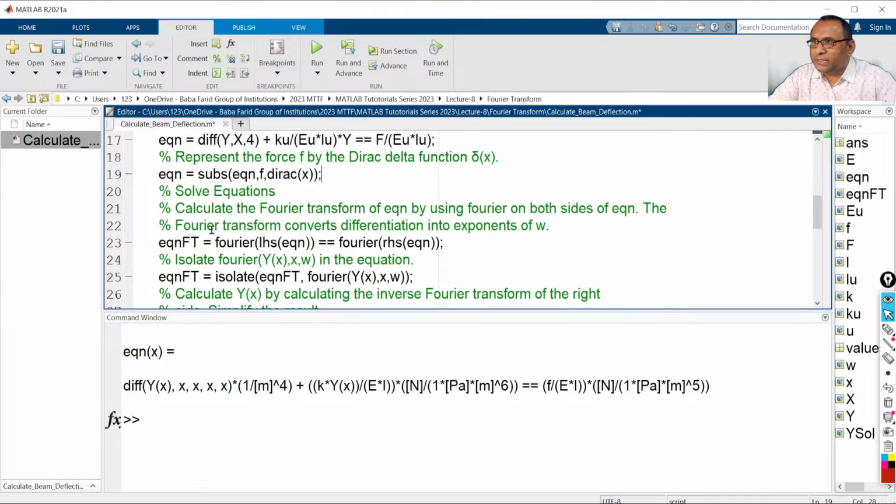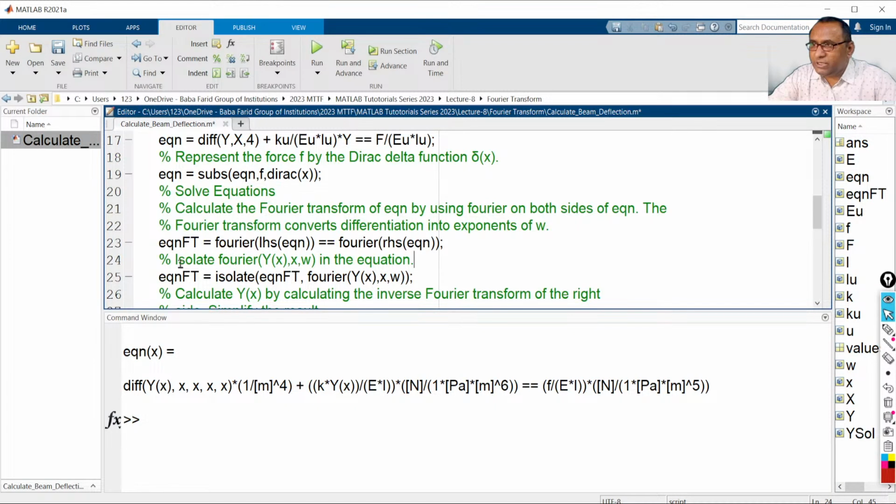After that, we need to solve the differential equation, and we were discussing about this one. So EQN FT is just the assignment, and this is the Fourier transform of the left hand side of this differential equation, and this is the Fourier transform of the right hand side of the differential equation.